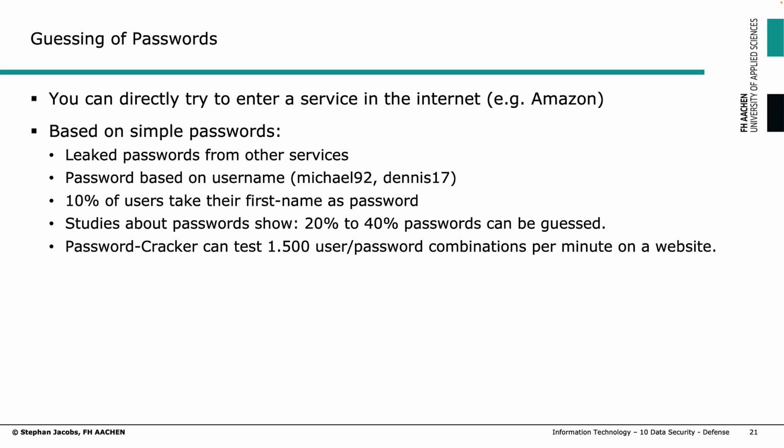Other studies show that passwords could be cracked in 20 to 40% of cases in an easy way. And you should not think that a password cracker is manually typing in all these usernames and passwords. Instead, special programs are used which, on a website for example, could try out more than 1,000 passwords per minute.